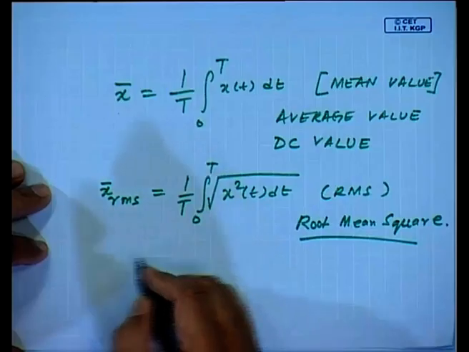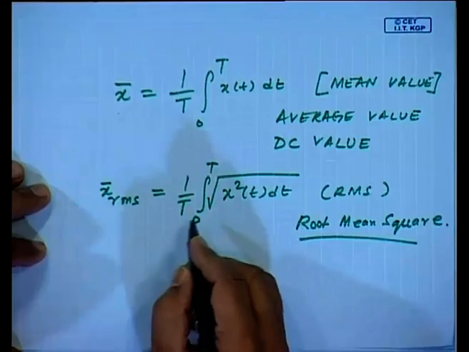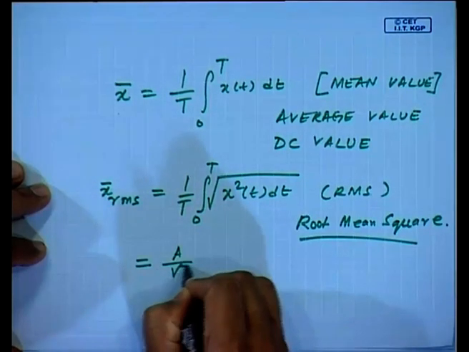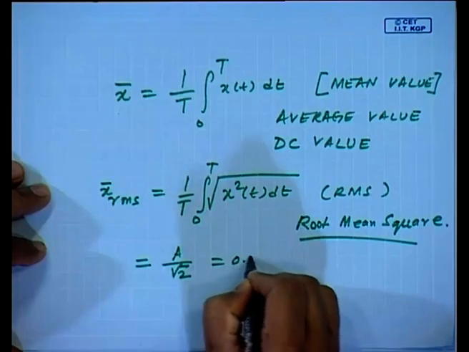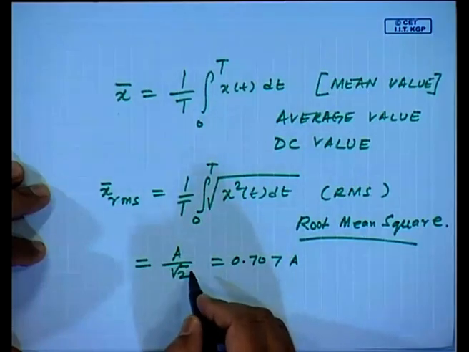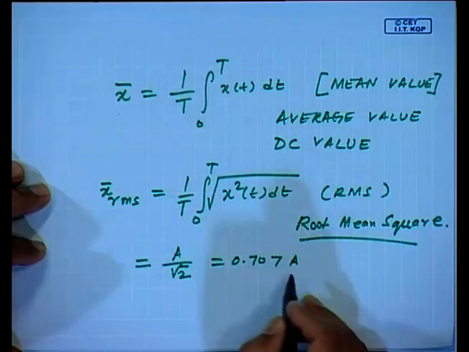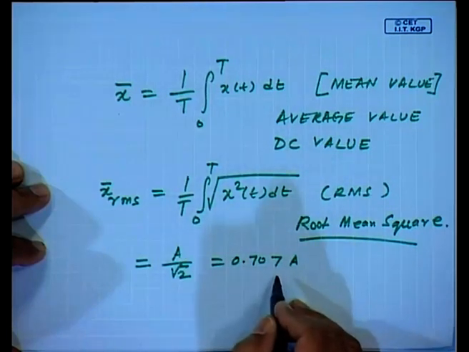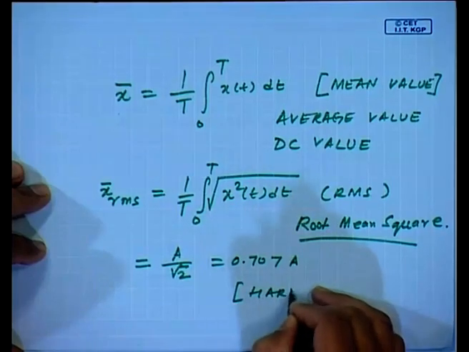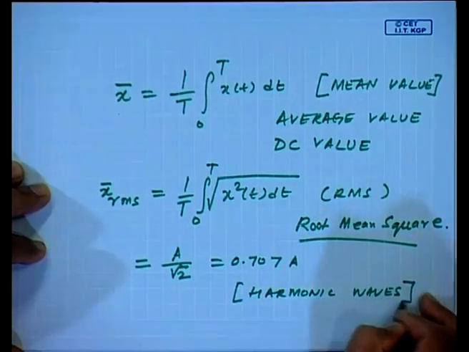All of you would have recalled, go back to your first year circuits, for a sine wave, this happens to be A by root 2 or 0.707 A, but this is only true for the case of a harmonic waveform, cosine and sine. This is not for any waveform, okay, only for the case of harmonic waves.